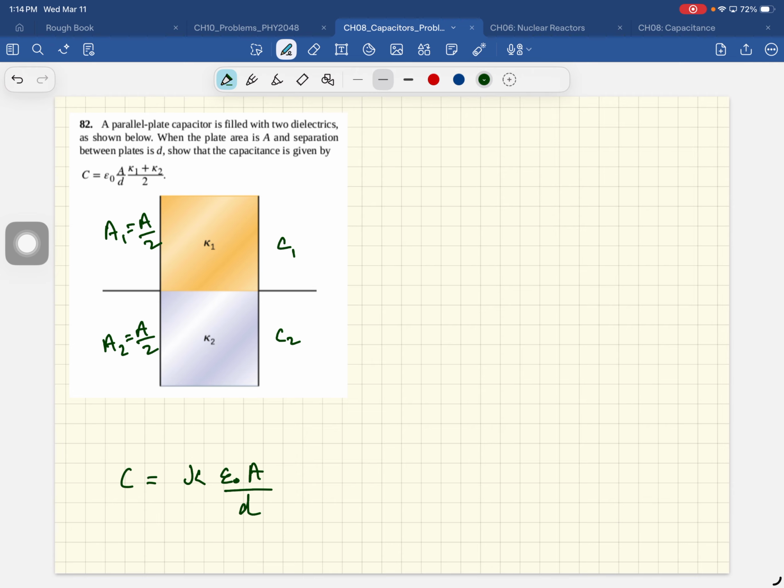Okay, so the equivalent capacitance is C1 plus C2. We've broken that up into two capacitors. The first capacitor is kappa 1 epsilon naught A1 over D plus kappa 2 epsilon naught A2 over D.